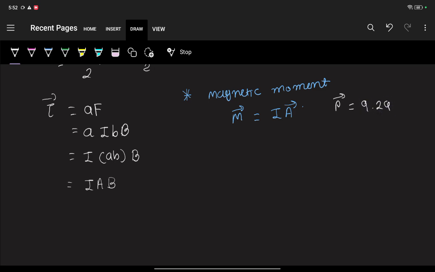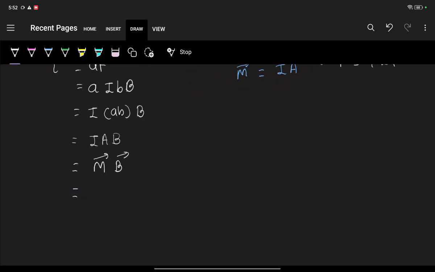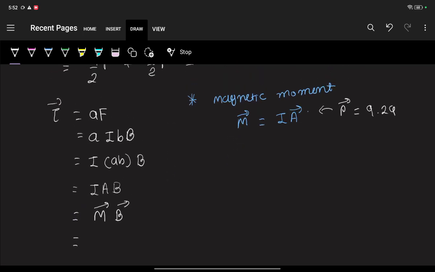So like this way in magnetostatics there is this magnetic moment, and it is given by I A. So we can simply write it as M into B. And the original expression was with sin theta, right?